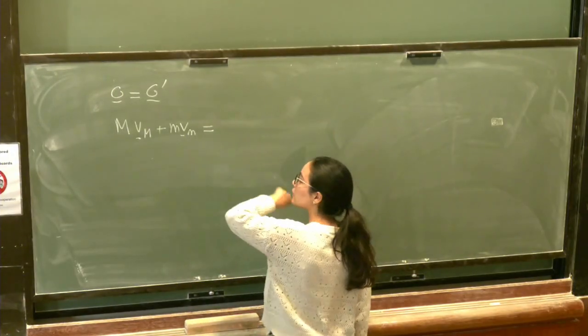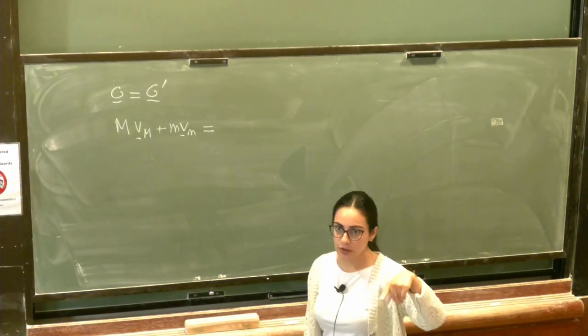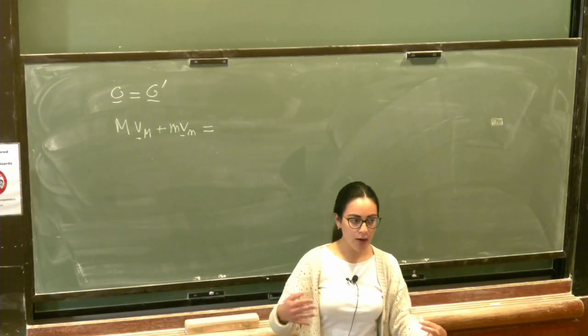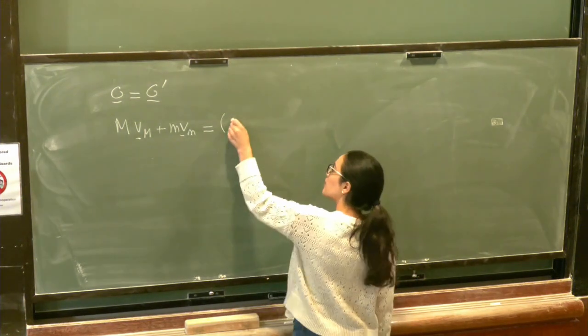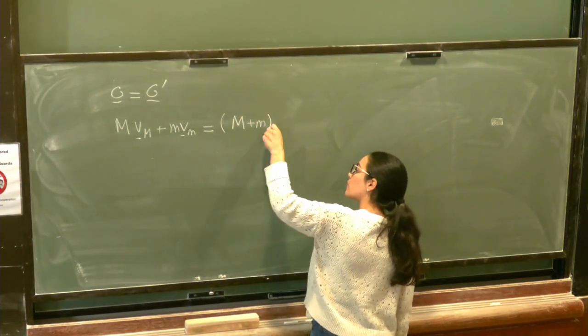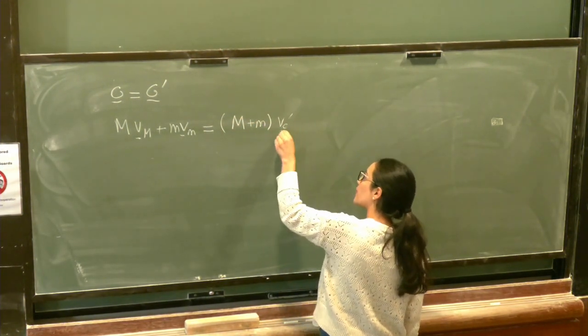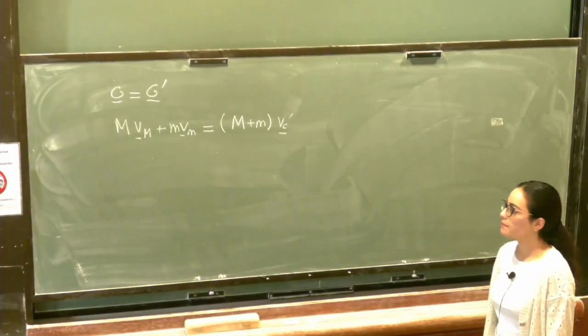Okay, that's equal to post-collision, where the system is going to be combined. So it's going to be one rigid body, mass big M plus small m, and the velocity of the center of mass of that rigid body, Vc prime.